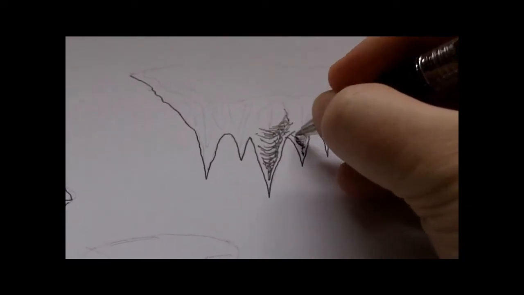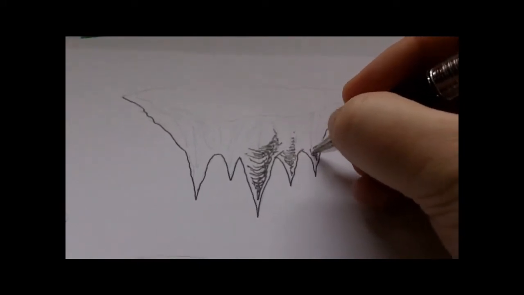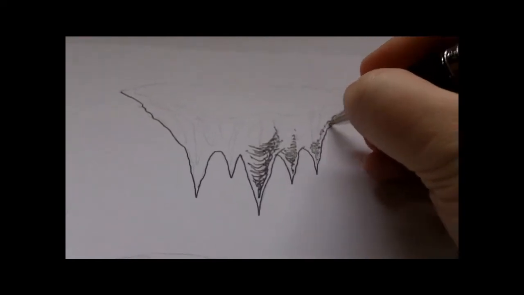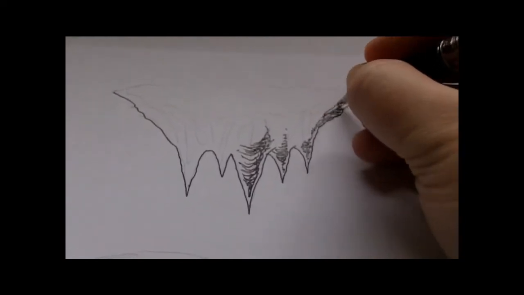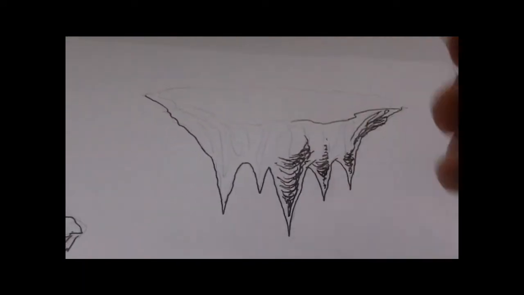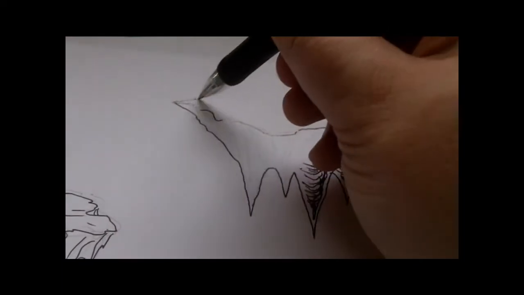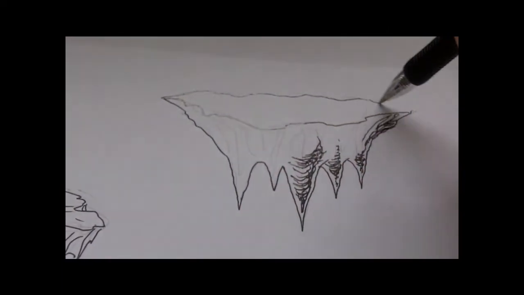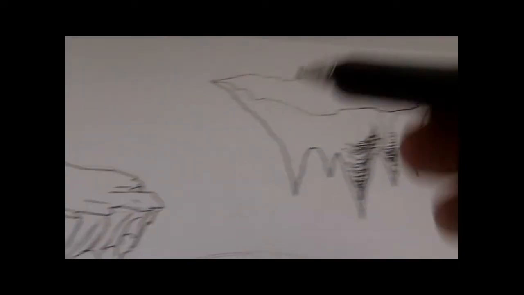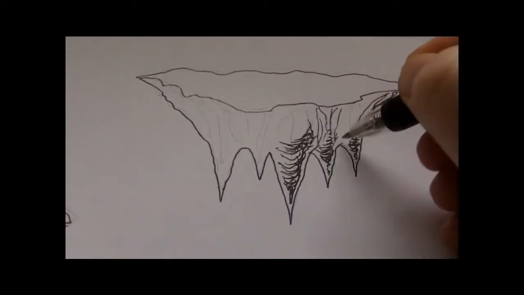So we do some darker textures on the spike things. And just like the other one, just keep some of the lines there as well.